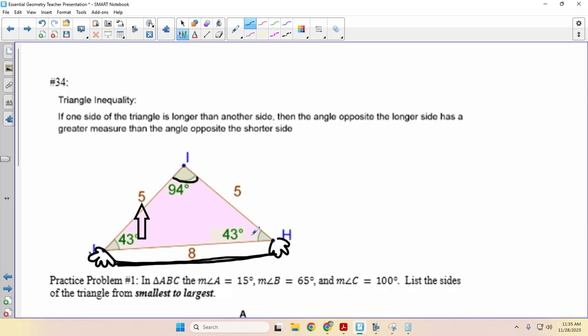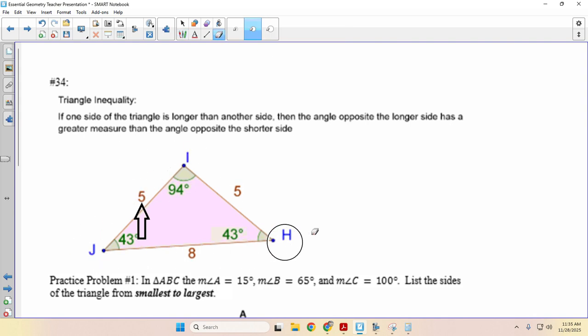Then if you close it to a shorter distance, so if your hands are holding only from I to J, then the string is going to be shorter. So I like to think of it in terms of your hands holding a string. So essentially, the wider the angle, the longer the side.